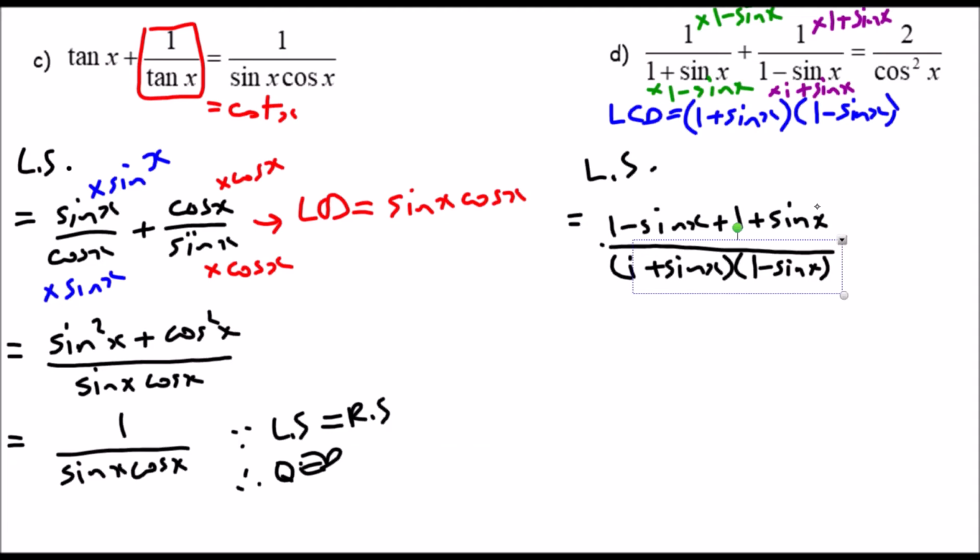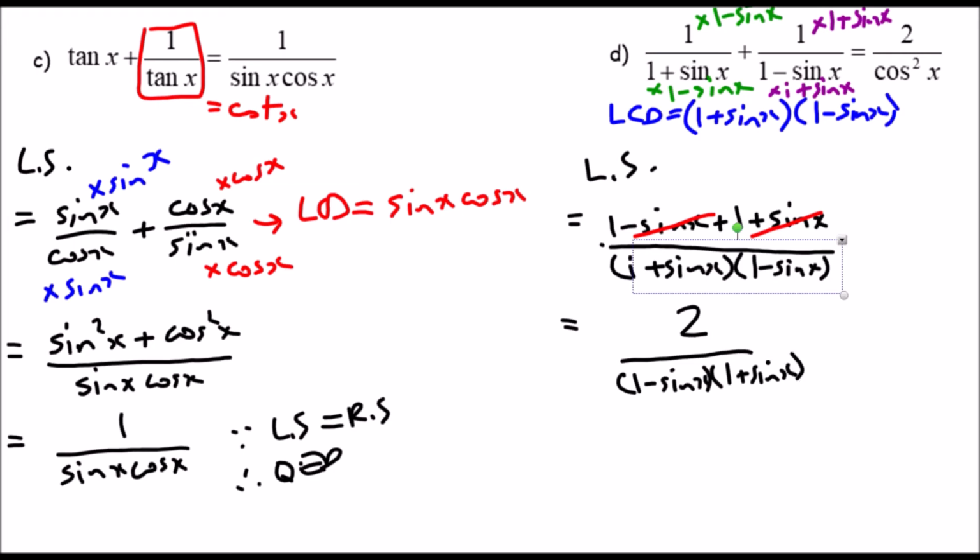Hopefully you can see what's happening here. These guys cancel each other out, and I'm really left with 2 on top, which is great, using the other side as my guide. On the bottom I'm going to have 1 minus sine x, 1 plus sine x.